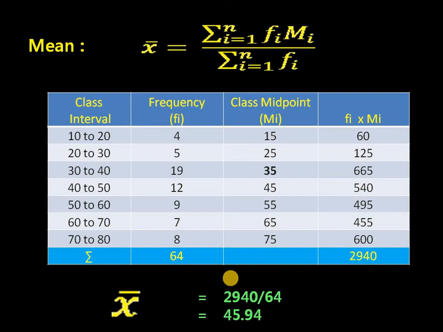For finding the mean of such data, we use the formula x bar equal to the summation of fi mi divided by the summation of all the frequencies fi. Consider this table. Here the class interval is available, so first of all we have to find the class midpoint of the class interval in Excel.